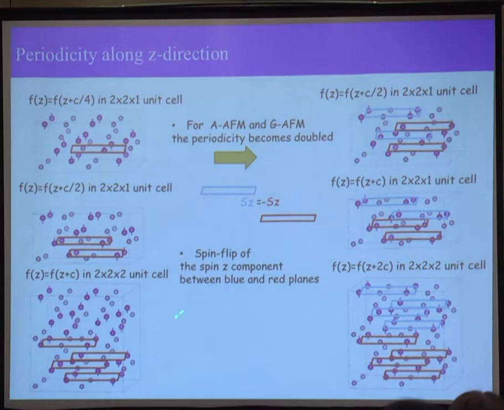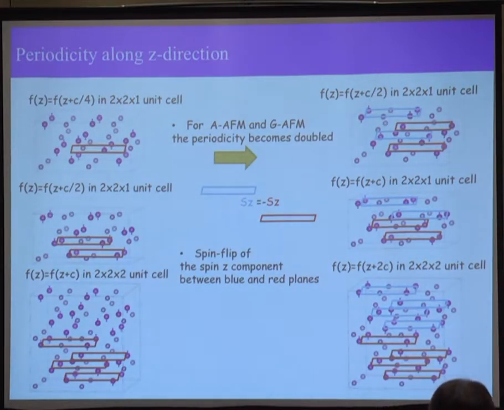You can also cut it into different blocks for the C type of FM, which has only half of the periodicity compared to the G type or the A type of FM. Here I cut using the red color for one spin orientation, and the blue color for another spin orientation. And in this case, they are opposite to each other, which gives you the G type of FM based on your unit cell size.